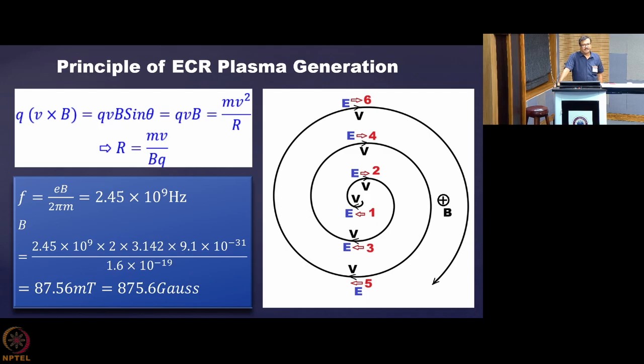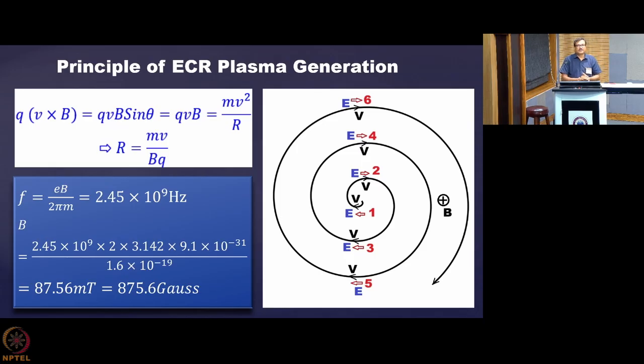Now, what we are seeing in the first block, we have written Q V cross B, that is definitely a vector equation. So, Q V B sin theta, and the magnetic field, as I have shown in this diagram, is pointing inward, so pointing into the board.